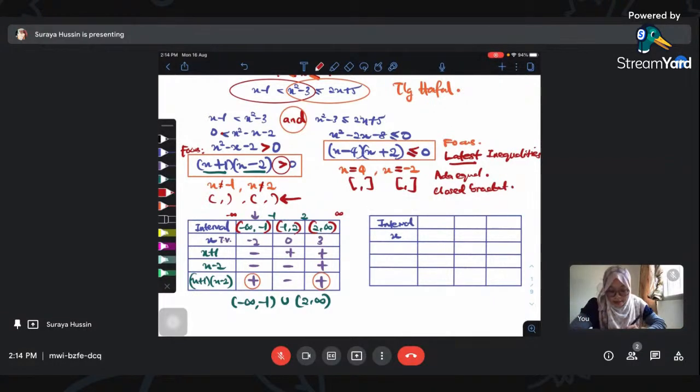Okay, saya ajar lagi sekali tau. So now, letak nombornya iaitu 4, letak nombor paling kecil dulu di depan iaitu negative 2 dan 4. And then sub in the value to positive infinity. Kalau dari kiri, negative infinity to negative 2.